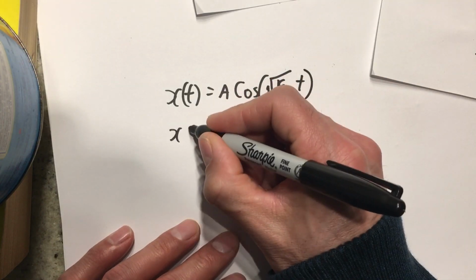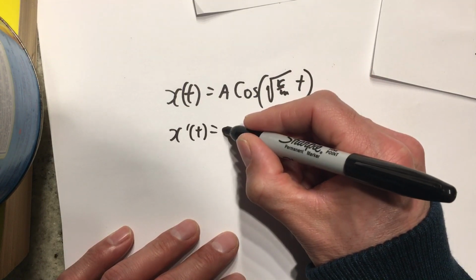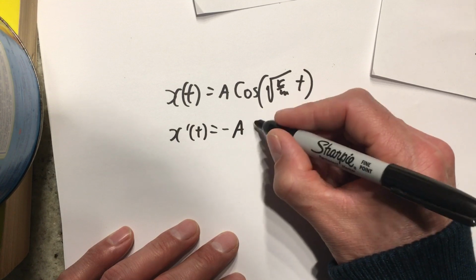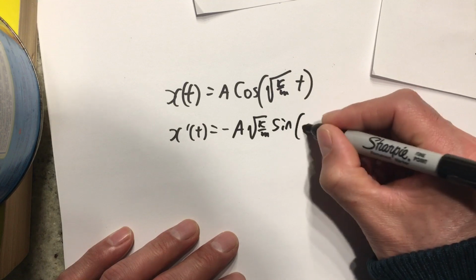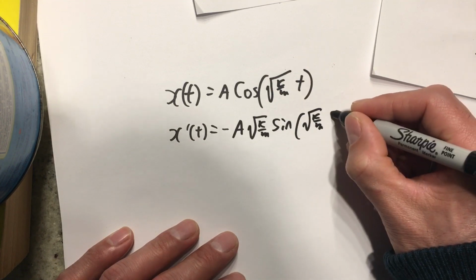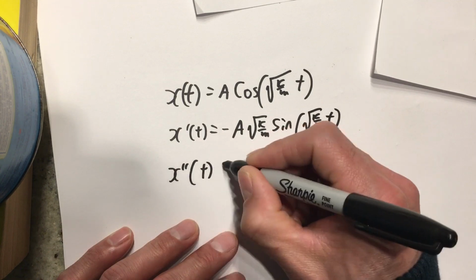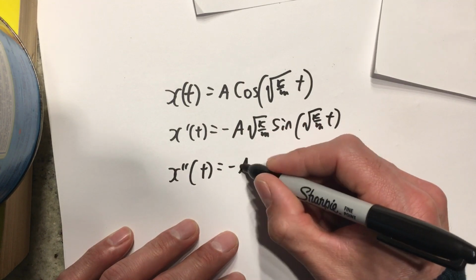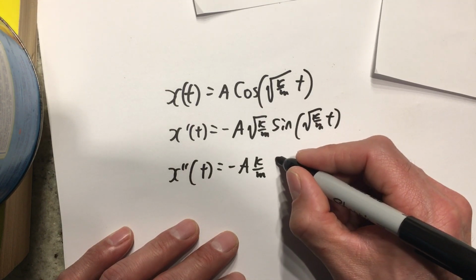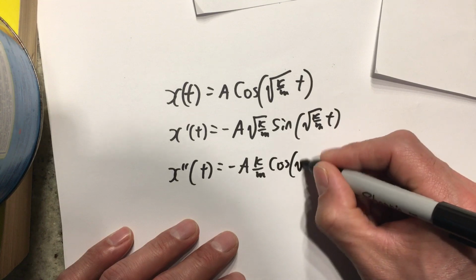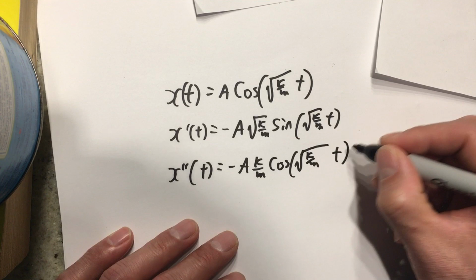We now find our first derivative as negative a root k over m sine root k over m t. And our second derivative is negative a k over m cos root k over m times t.